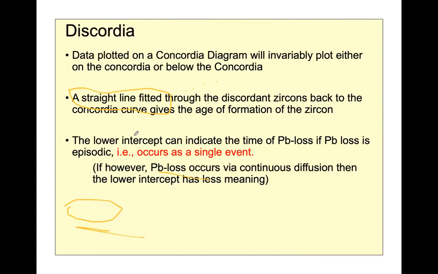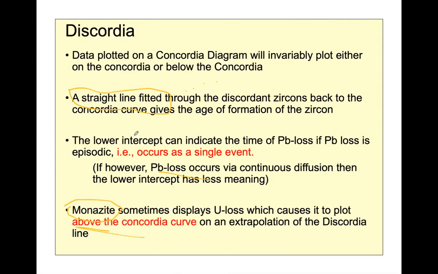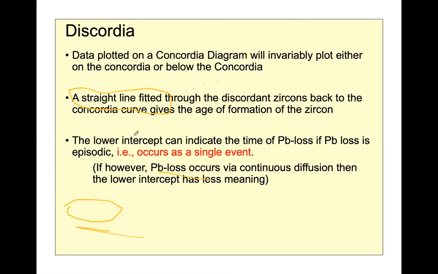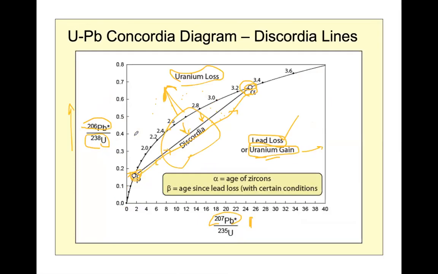But that is also one situation you might encounter due to uranium loss, right? We talked about possibilities, remember? See, uranium loss can cause points to plot above the Concordia, right? If you have a uranium gain, then you will have points plotted inside the Concordia, similar to lead loss.